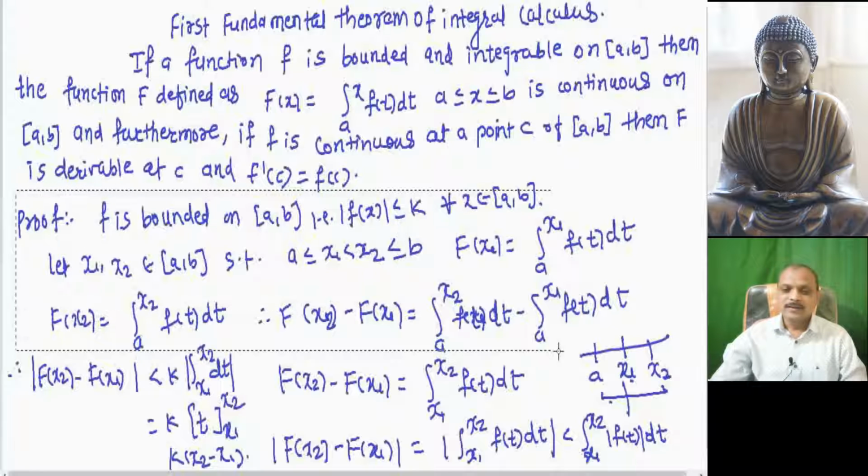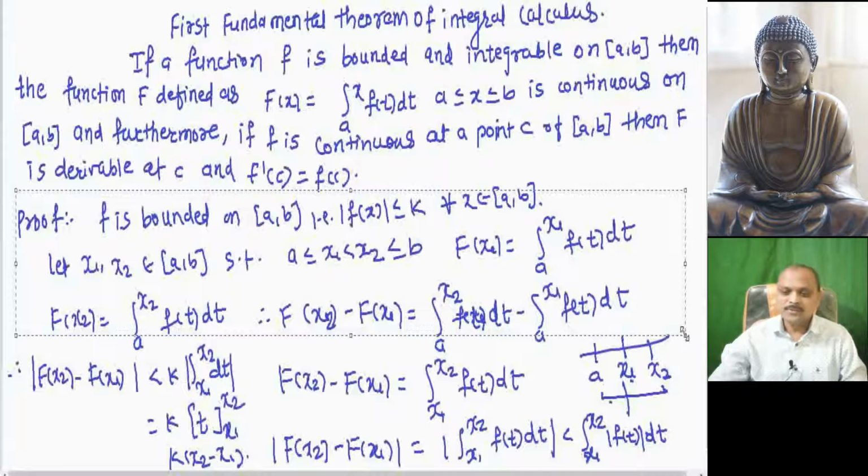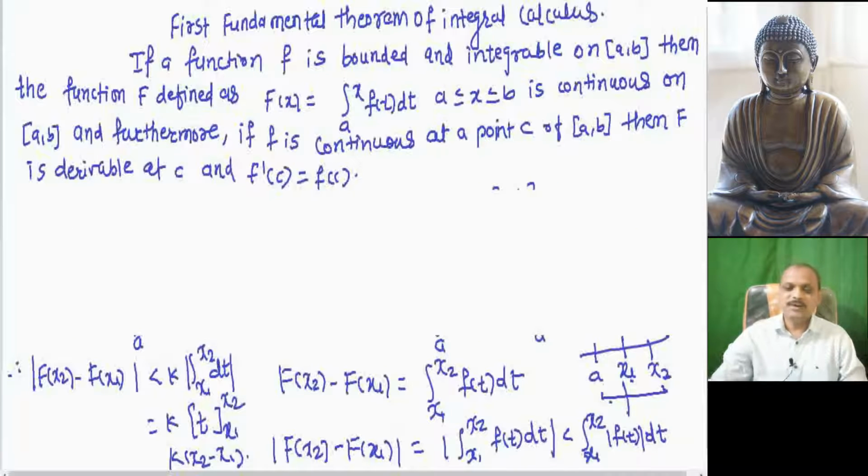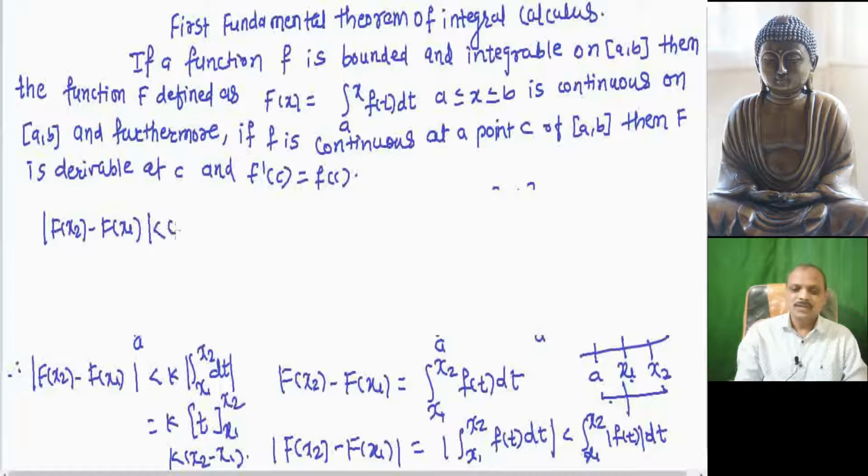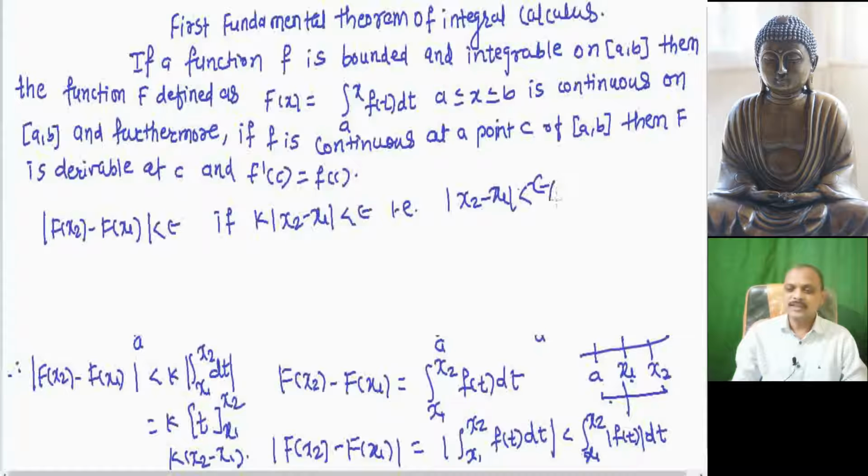Now mod of F of x2 minus F of x1 will be less than epsilon if the greater value K into mod of x2 minus x1 is less than epsilon. That is, mod of x2 minus x1 is less than epsilon divided by K. Let us take this as delta.